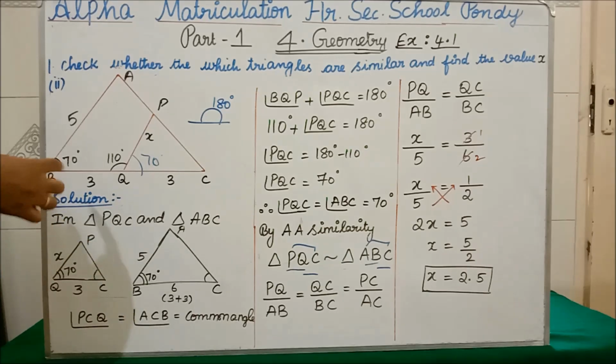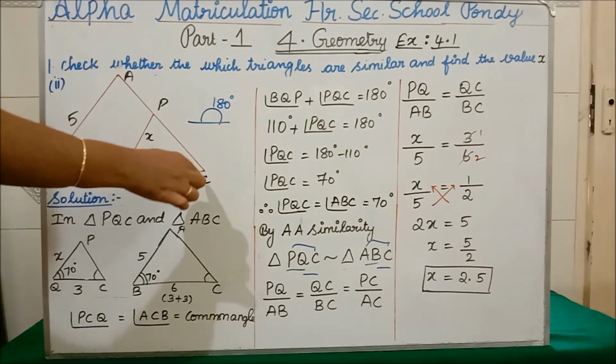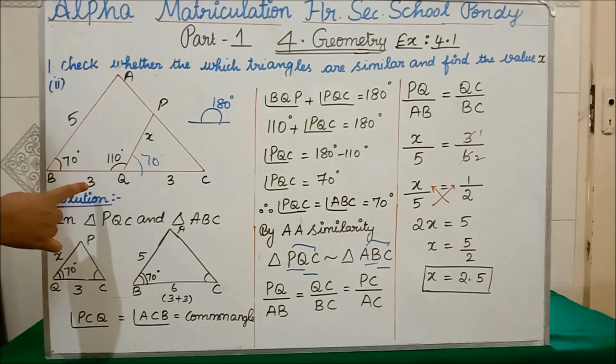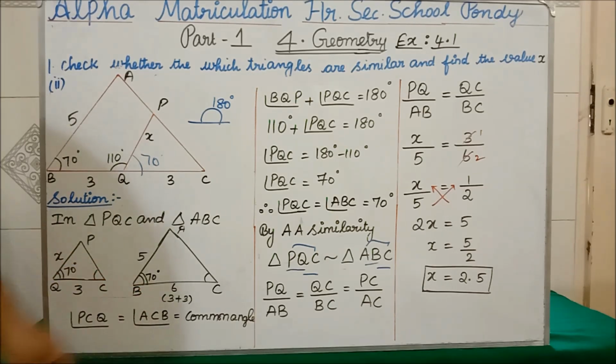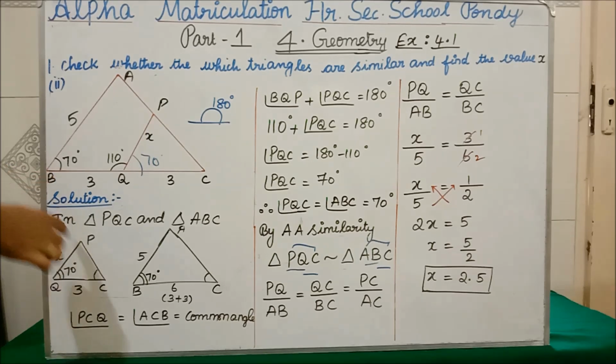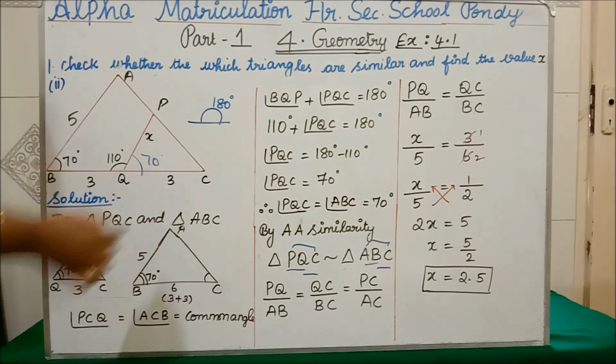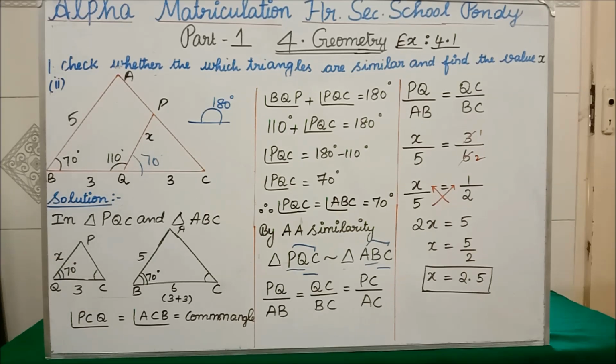students, from B to C means what? You have to add this 3 plus 3. I have written it for your understanding; you need not write 3 plus 3, you can straightaway write 6. How did the value 6 come? All of you understand? Because from B to C if you want to go, you have to add 3 plus 3 and we have got 6.